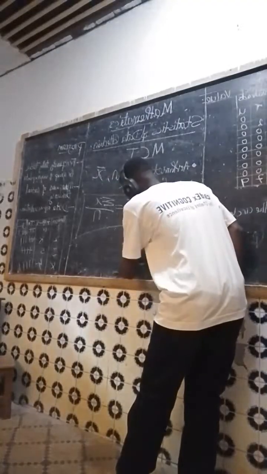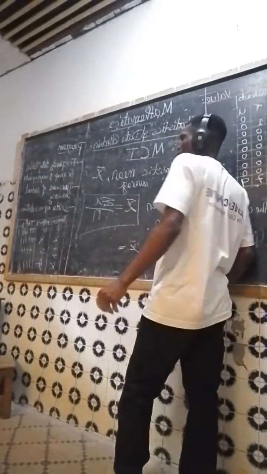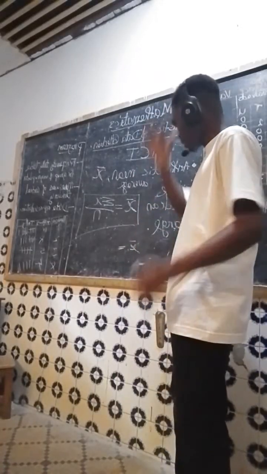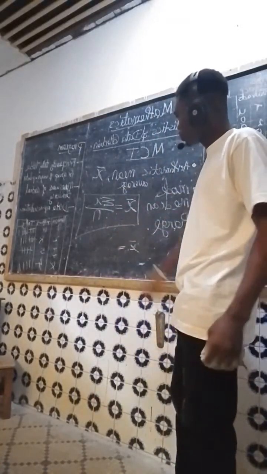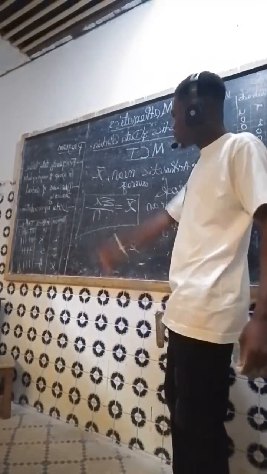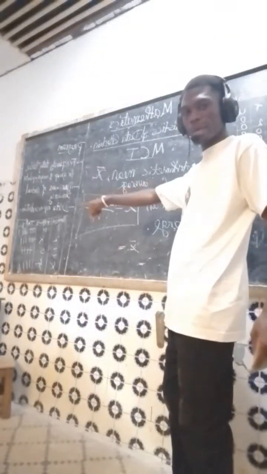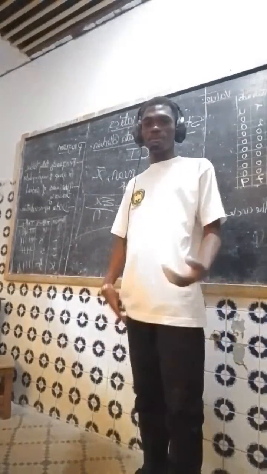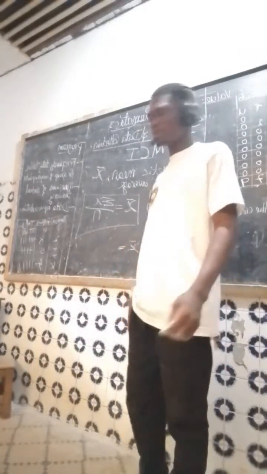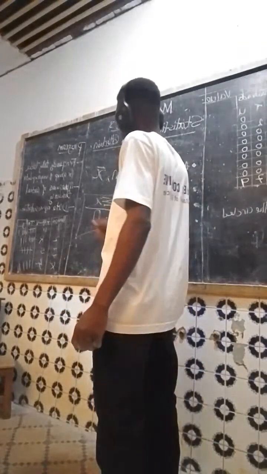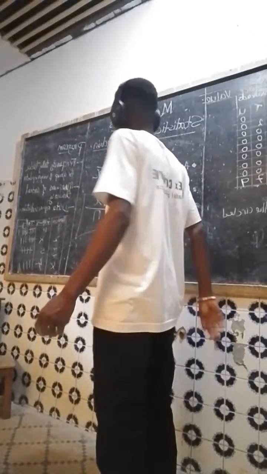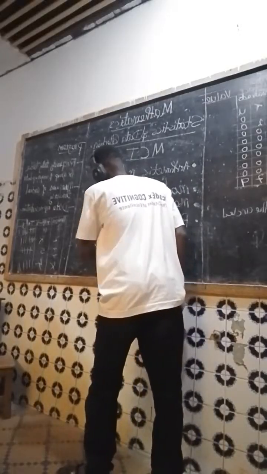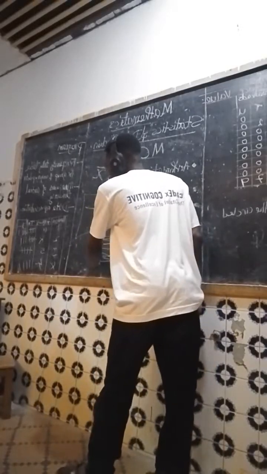Both for grouped and ungrouped data, where you are working from the frequency table, the formula I'm going to use is summation fx divided by summation what?